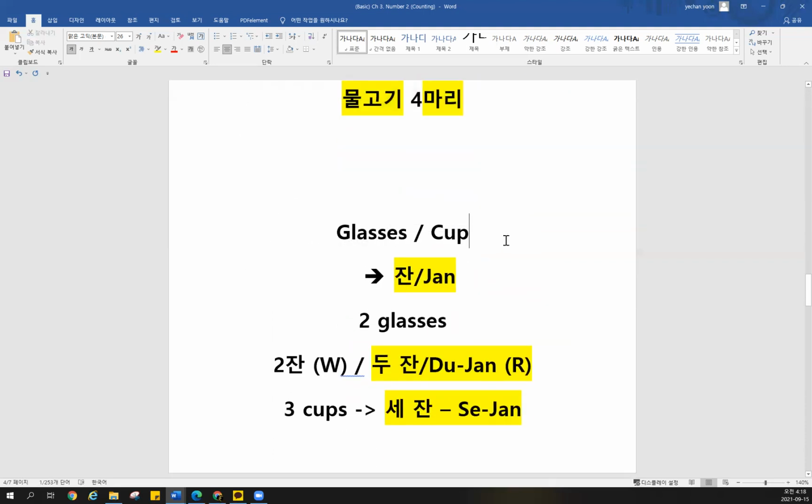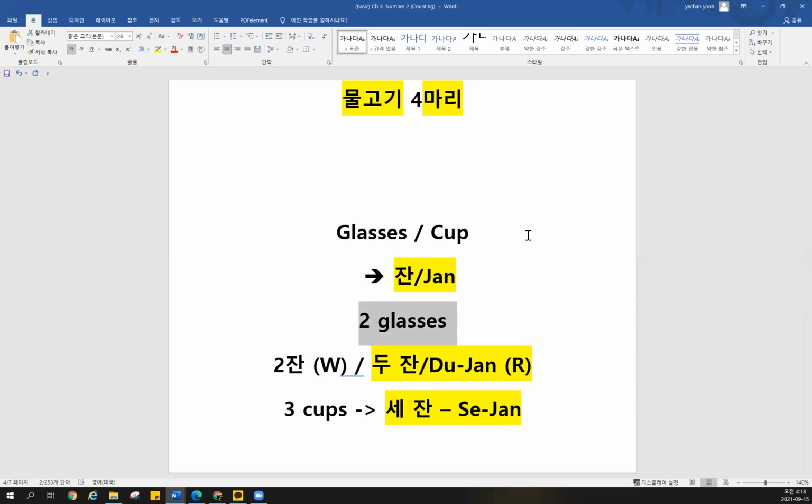Glasses or cups. In South Korea we sometimes just use the word cup, but for a higher quality cup or something, we can use 잔. 잔. Okay, let's say 2 glasses of wine. Then you say 두 잔.